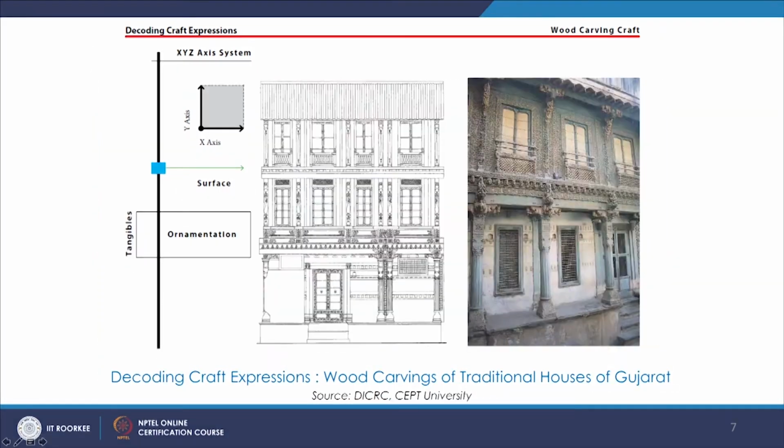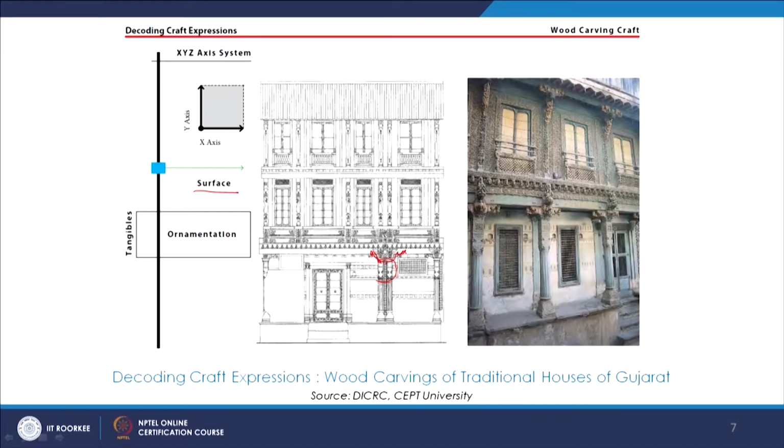Here we see again, we are still talking about surface, but in terms of a tangible output we see ornamentation here. So the kind of detailing that we see over here. These are all the tangible observations, and the ornamentation on the surface is the study. So that's what the researcher is trying to understand here.